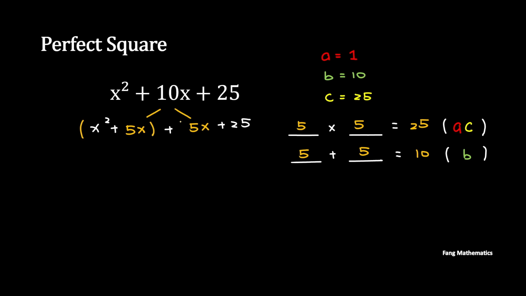You are to group two terms in a pair and factorize the highest common factor in each parenthesis. The first parenthesis, I believe you can factorize x. That leaves you x plus 5 inside the parenthesis, plus sign. The second parenthesis, I believe you can factor out a 5, leaving you x plus 5 inside the parenthesis.